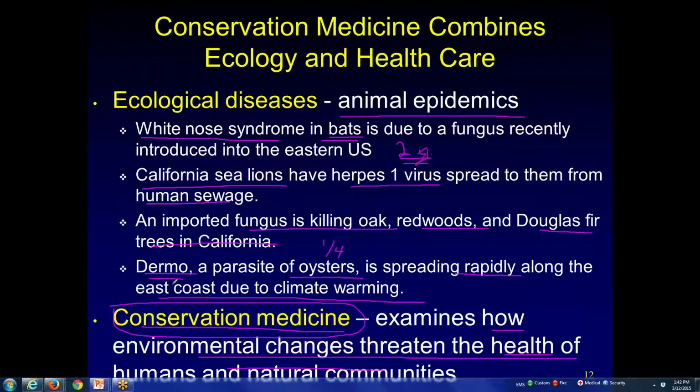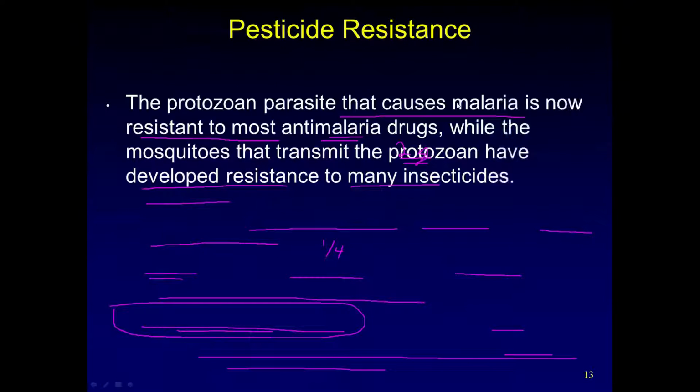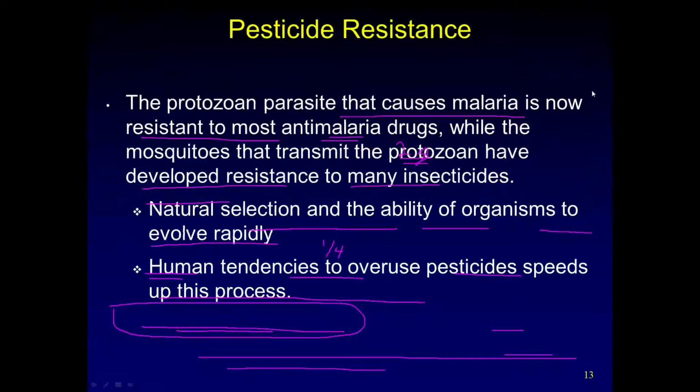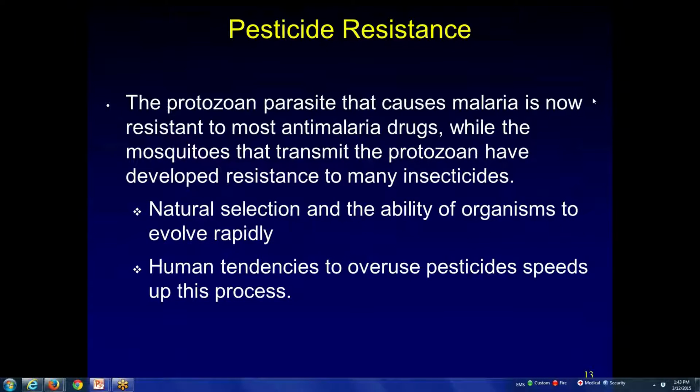So, for example, looking at the dermo parasite and how global warming caused dermo to spread up the East Coast, which is killing oyster populations, and then maybe other organisms that feed on oysters. That's something that conservation medicine would examine. It's a very new area. Again, it's going to be more and more popular as perhaps an actual major in college, starting probably in places like University of North Carolina at Wilmington probably.